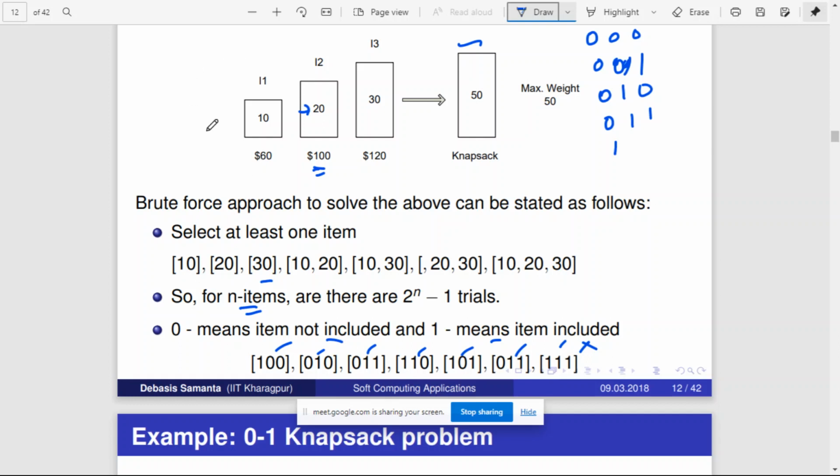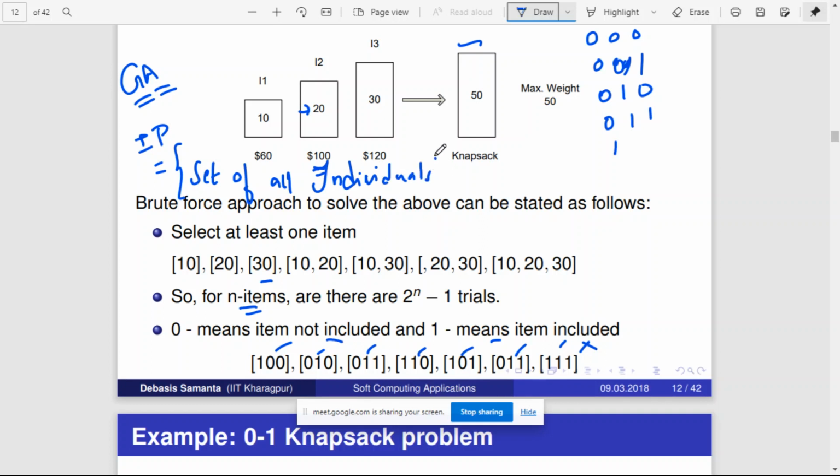If you want to solve this problem using a genetic algorithm, we are discussing how to represent the initial population. First you have to represent the initial population. What is the initial population? It is nothing but the set of all individuals, which is the set of all solutions.